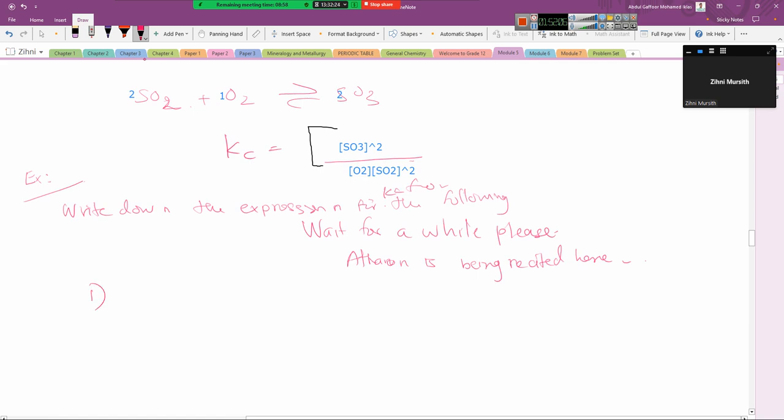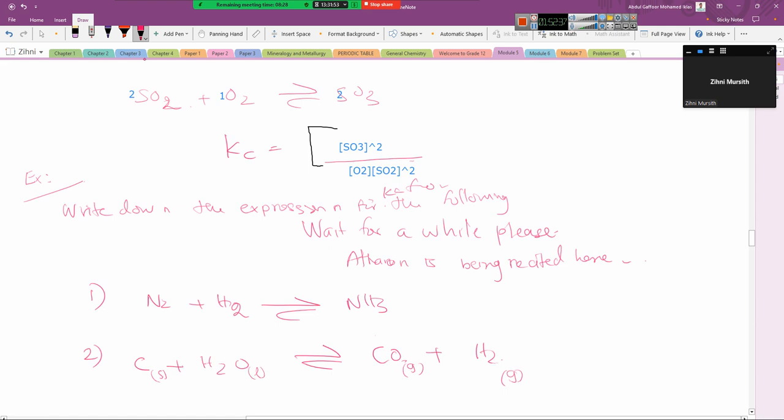The first equation is N2 plus H2 gives me NH3, and the second one is carbon plus H2O. If carbon reacts with H2O, what will be the product? Let's say this is an incomplete reaction, so we have CO gas and H2 gas. Carbon is a solid, and here H2O is a liquid.